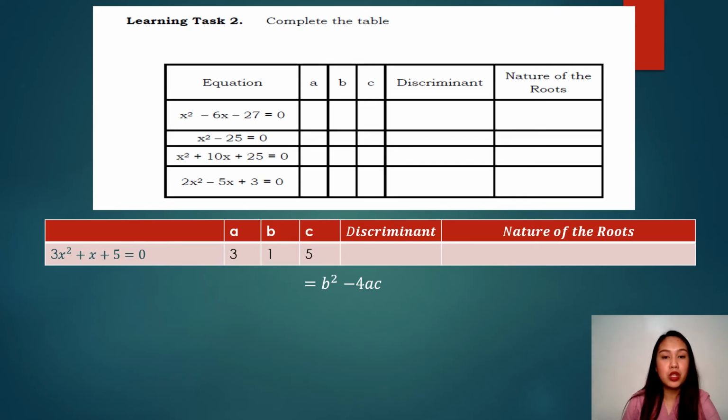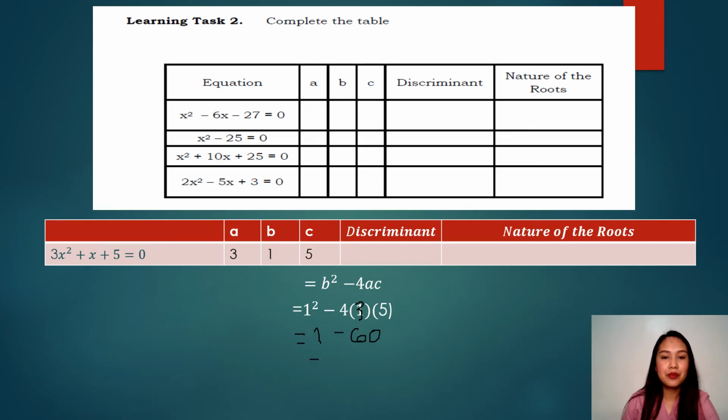If we substitute these values, ayan, medyo mali lang ako dito, we'll just change this to 3 because the a value is 3. So that is 1 squared minus 4 times 3 times 5. Continue solving that: 1 squared is equal to 1, minus 4 times 3 gives you 12, times 5 gives you 60.